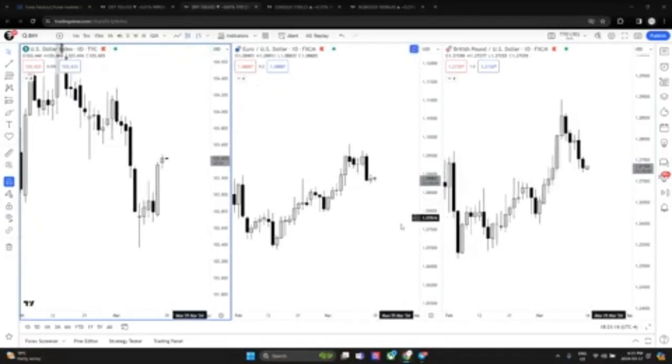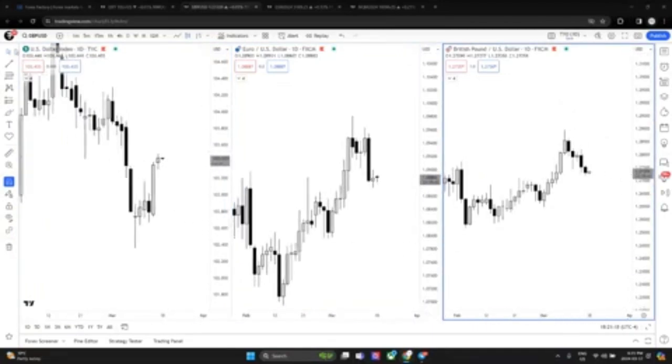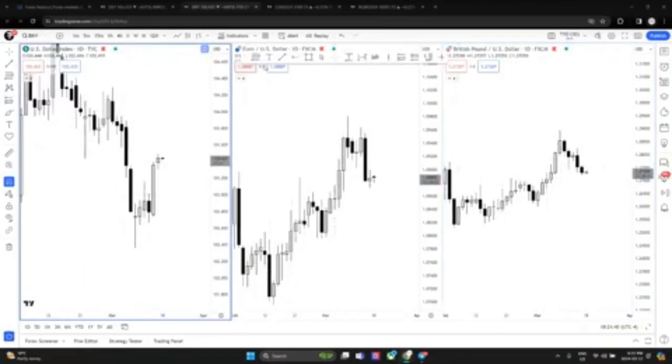So first, you guys can see that here, and I will use my cursor, we had a precision swing point in the Euro and the Great British Pound. Can you see that? And remember what I said about the wicks of the precision swing points.